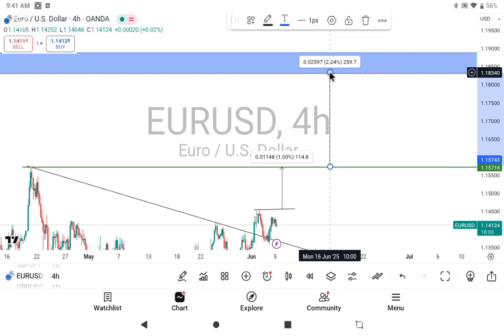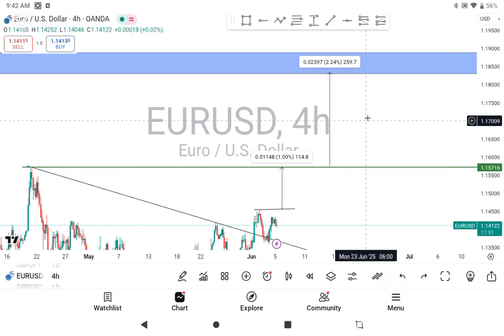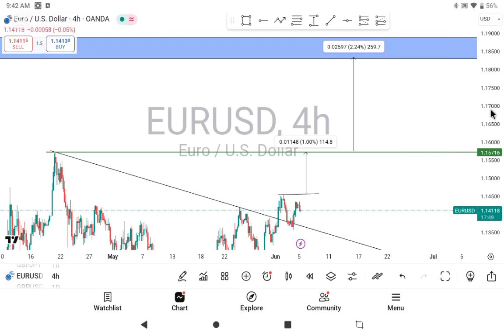This is 259, but let's round it up to 260 pips to the upside. So that is that on Euro USD.